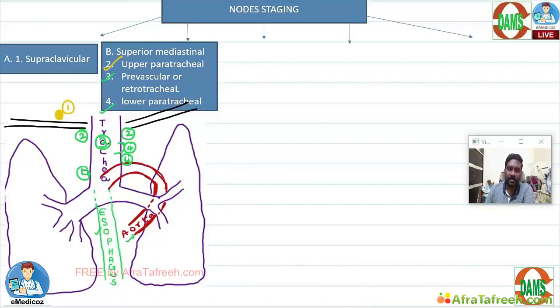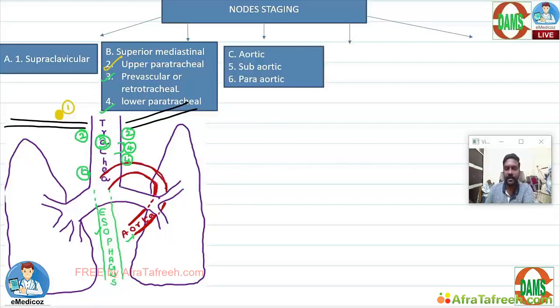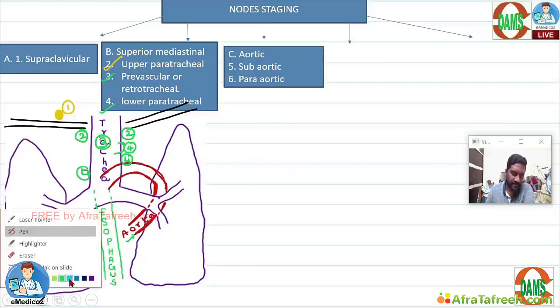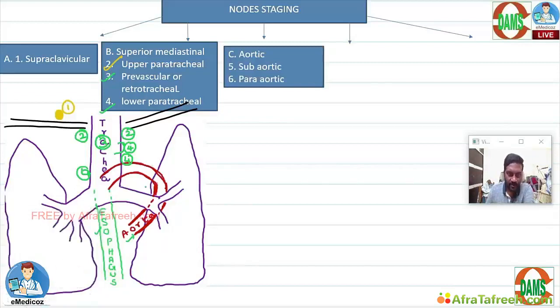Coming to the next important group of lymph nodes, the aortic lymph nodes. We have subaortic, somewhere here, and also around the aorta, para-aortic.